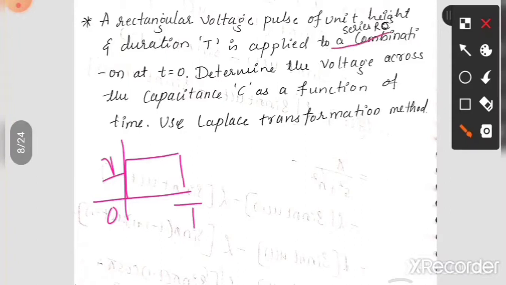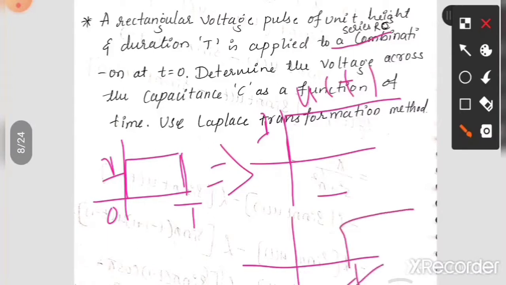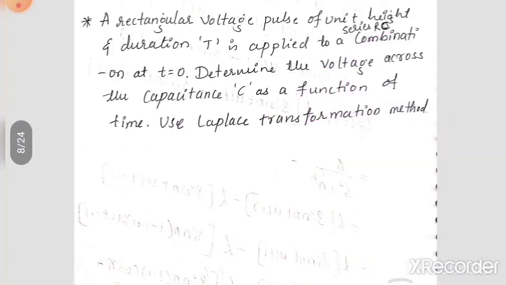To calculate this easily, we can write it as two unit step functions: one is u of t, and we subtract another unit step which is a delayed signal, u of t minus capital T. If you subtract this from this, we get a particular signal.